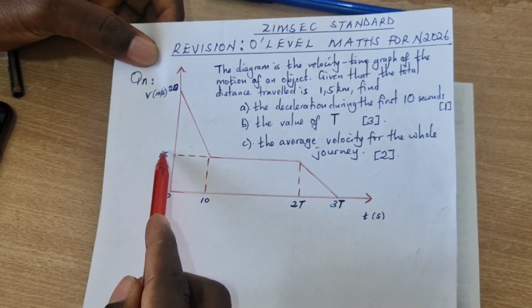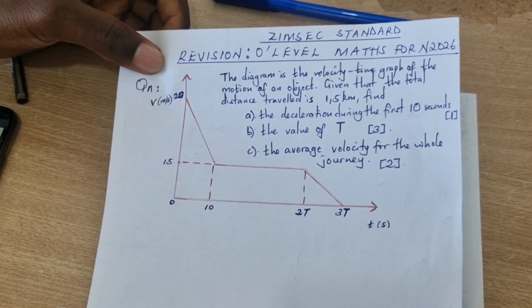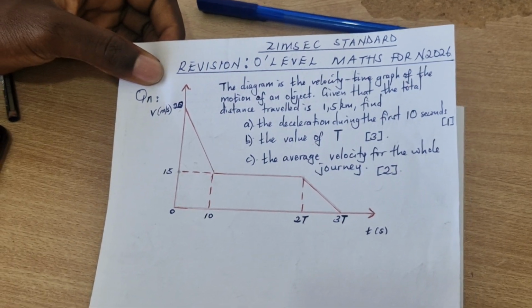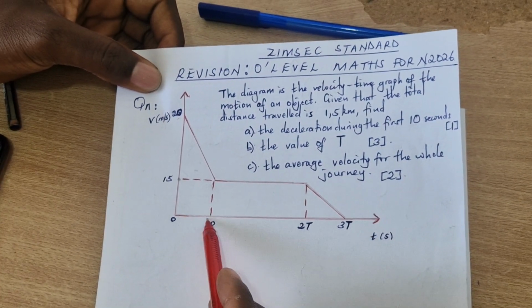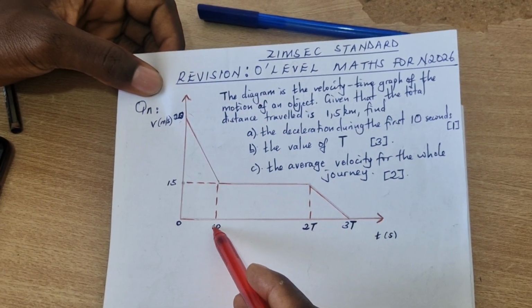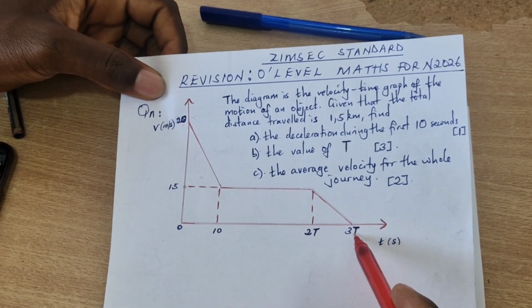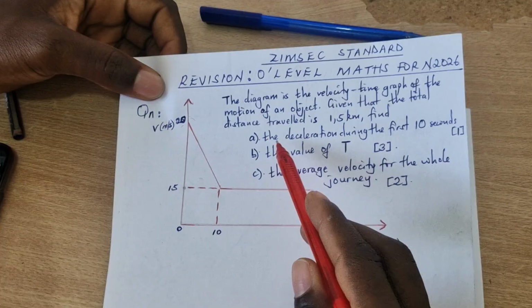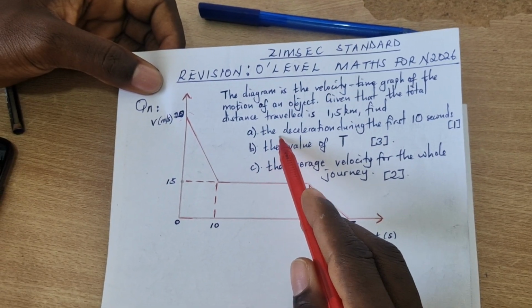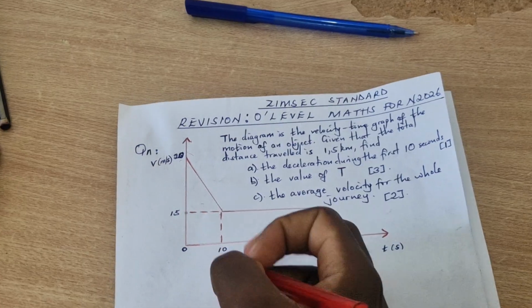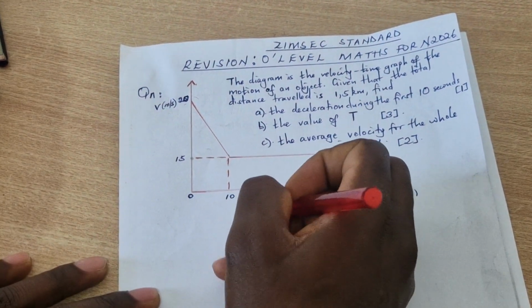Then we have 15 and 20. This is our velocity or speed of that object moving. Then for this axis we have 10 seconds, 20 seconds, and 30 seconds. Then to answer the first part, the deceleration during the first 10 seconds, we say solution.